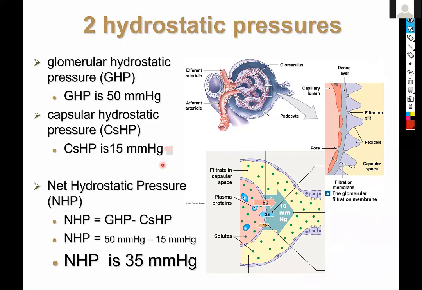The capsular hydrostatic pressure, because of course there is fluid in here, it's not full of air and it's not collapsed, there's always some amount of fluid in the capsule, so that fluid is exerting pressure as well, is only about 15. So if you were to ignore colloid osmotic pressure, you would get net hydrostatic pressure alone of 35 millimeters of mercury.